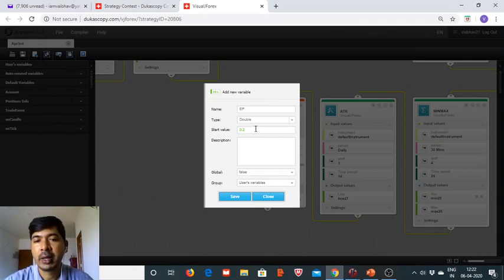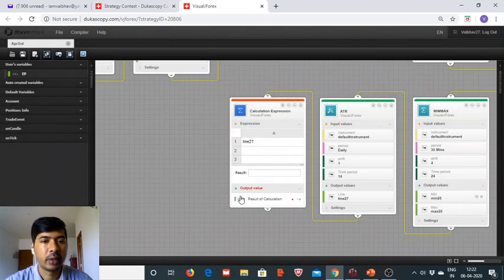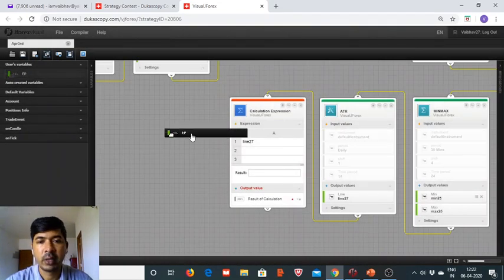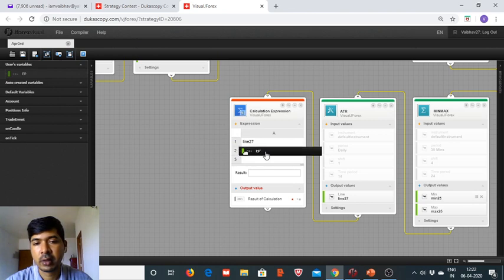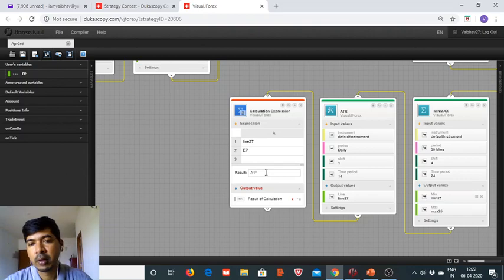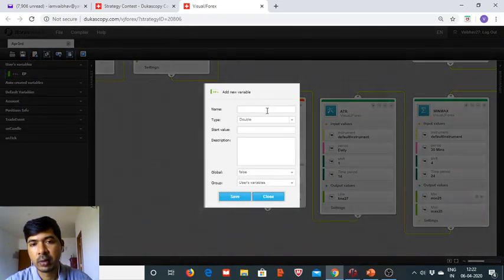If we multiply the ATR by 0.2, it will give us 20% of the ATR range. And now we bring this EP here, and we multiply A1 into A2, and we get the EPO.